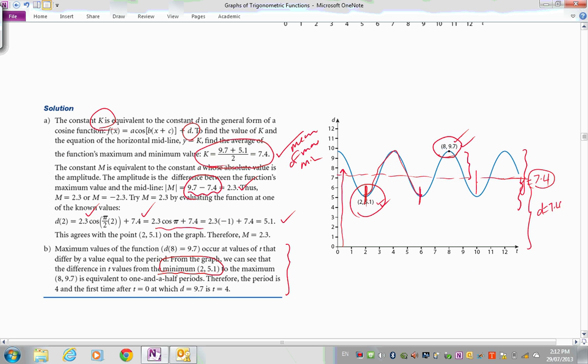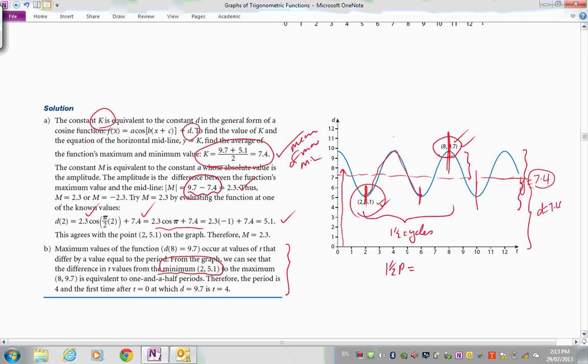And there would be another one. So at this point we're 1.5 cycles, or periods' worth, of this function. So what is its period?